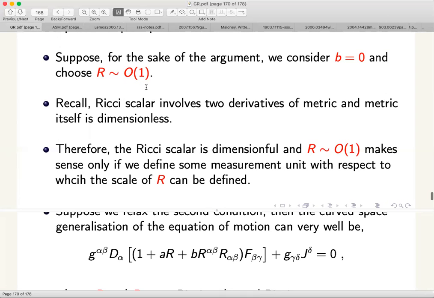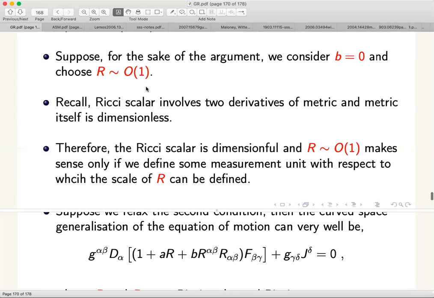That is a kind of meaningless quantity because it is of order 1 with respect to some other measuring unit. So with respect to some distance scale of kilometer or megaparsec or micrometer, whatever, you have to use some scale with respect to which you want to define this quantity.